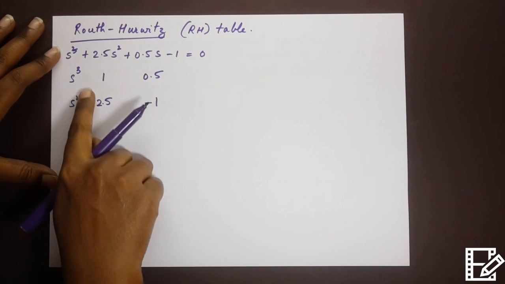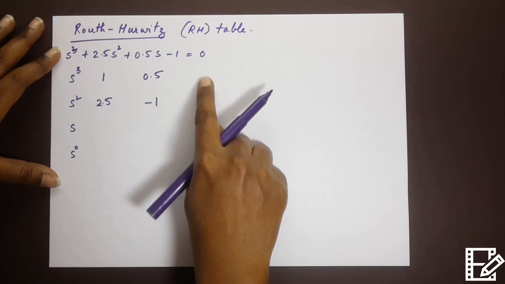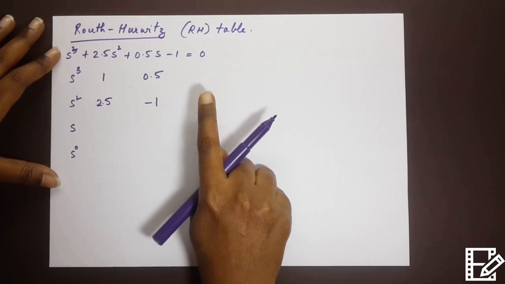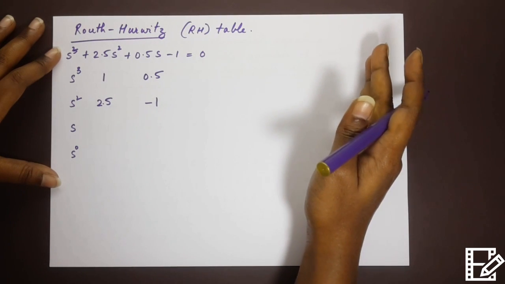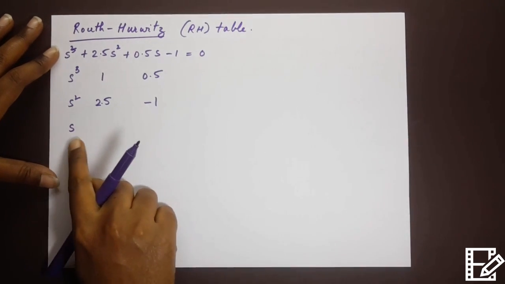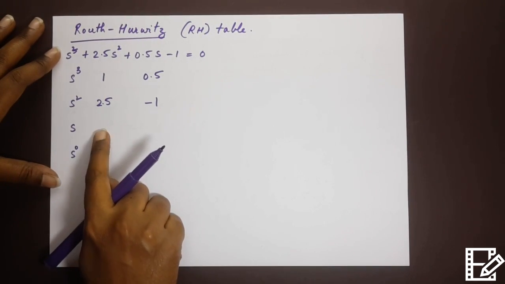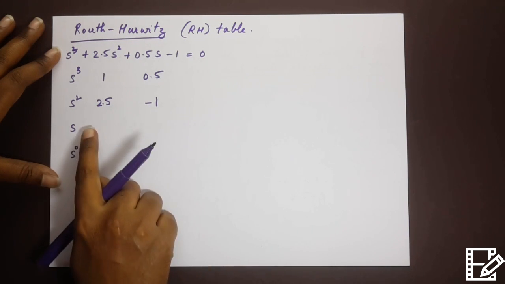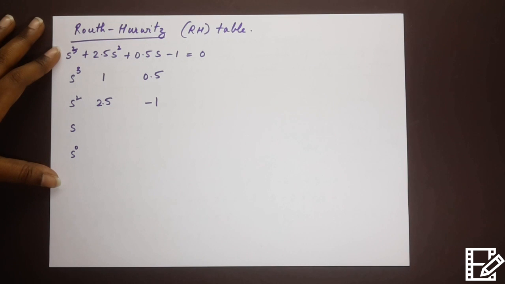Now we have already worked on this. There is nothing else on the third column over here, so we can completely ignore that. We can directly go to s, the first element in this row here. So this is something like what we do when we find the determinant of a matrix.